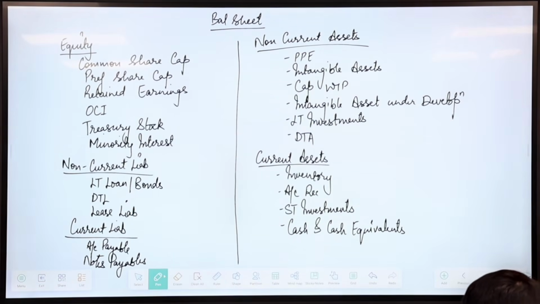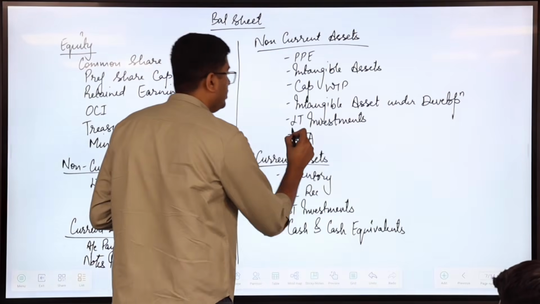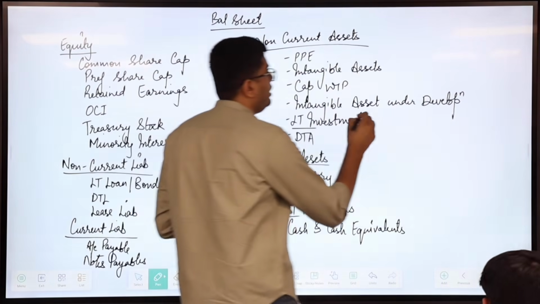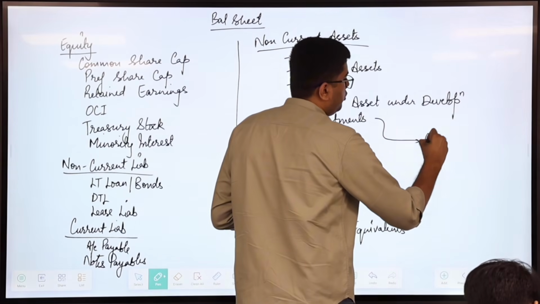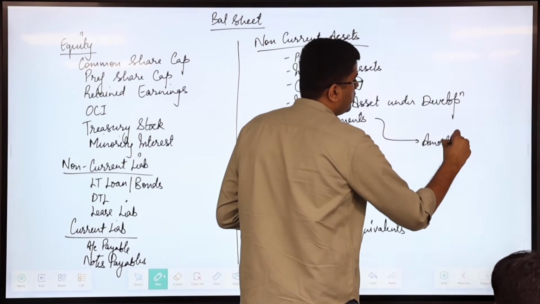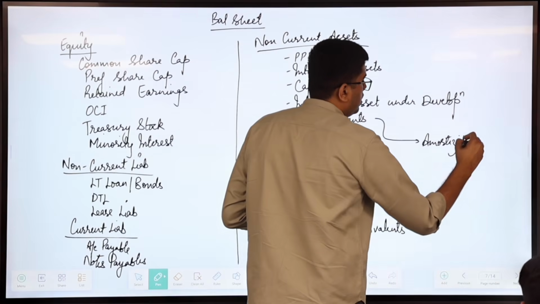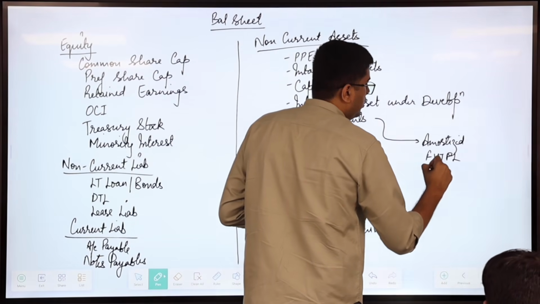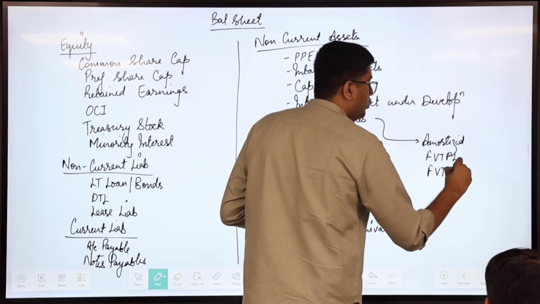So for this chapter, if you look at all the items and you know the meaning of everything, then that is the entire chapter done. The only topic that had a little bit more detail here were the investments. For investments, you can report them in three ways. Amortized cost, fair value through P&L, fair value through OCI.